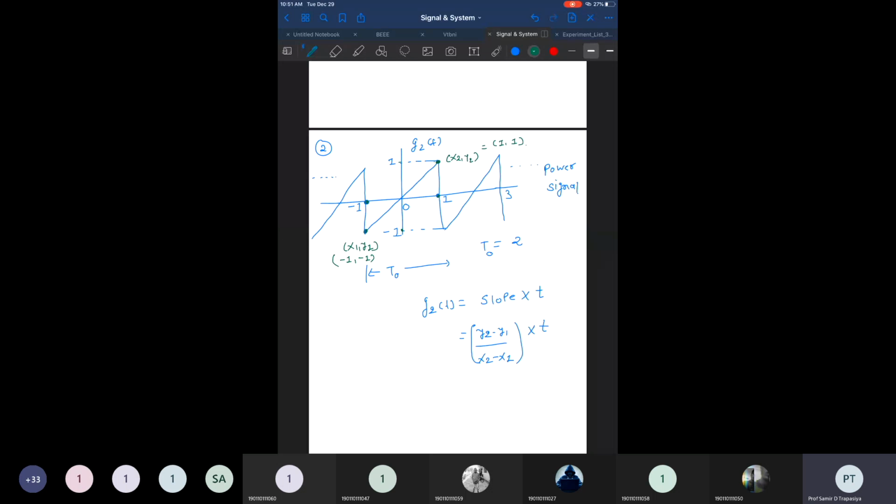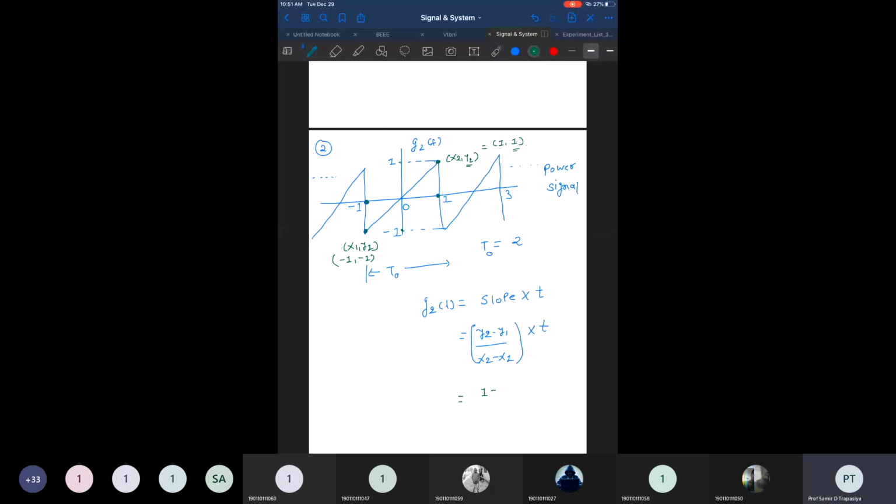Now we have to find the slope. y2 is 1, and y1 is minus 1, so 1 minus minus 1. x2 is 1, and x1 is minus 1, so 1 minus minus 1.